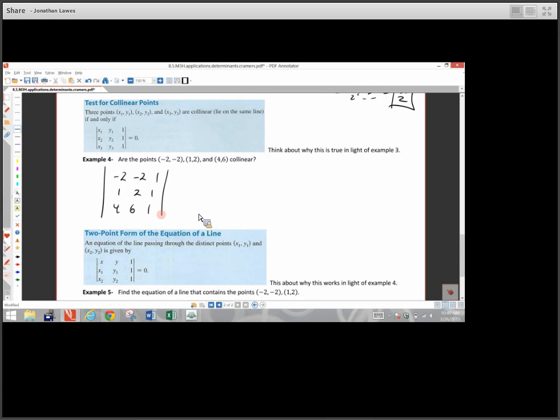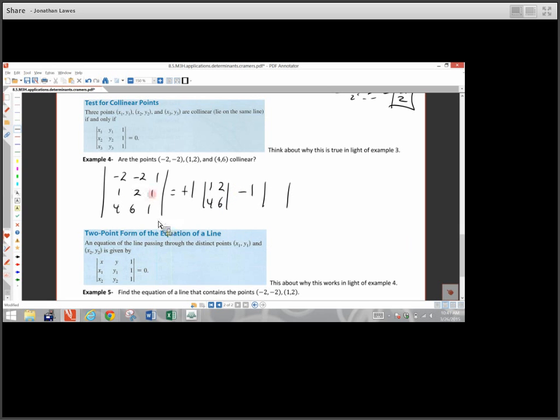Okay, let's talk about them the right way. Remember, we're talking in terms of rows and columns. We're going to expand on the third column. So this is going to be sign associated with is positive, number 1. Cross out the row and the column. 1, 2, 4, 6. Sign associated with the position, negative. Number that's there is 1.